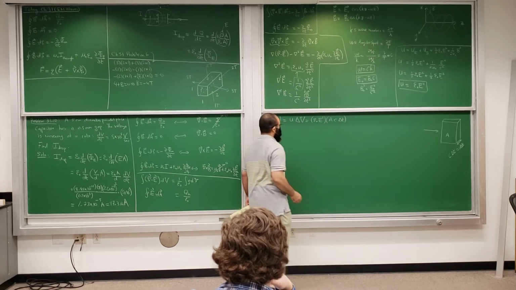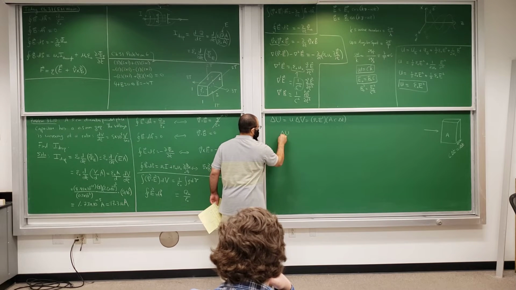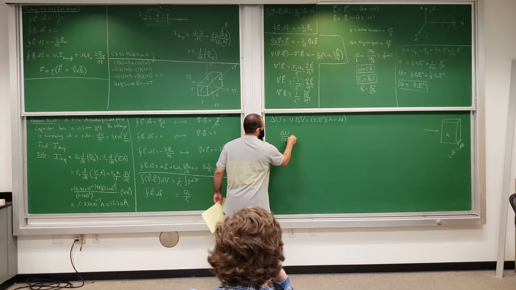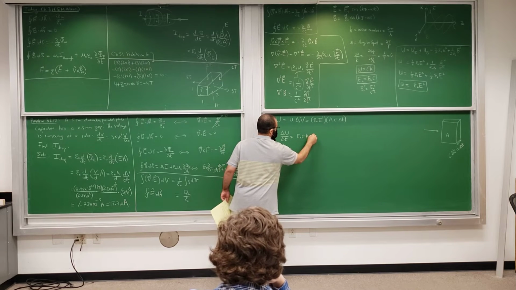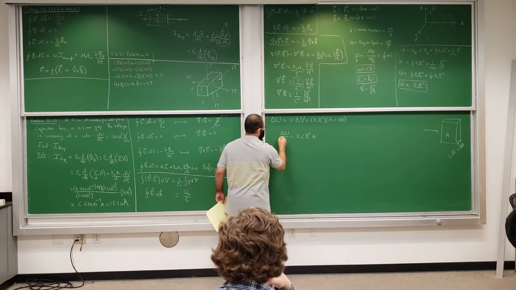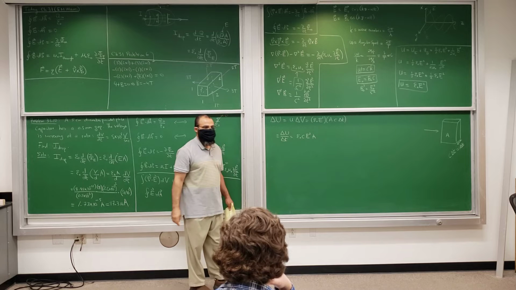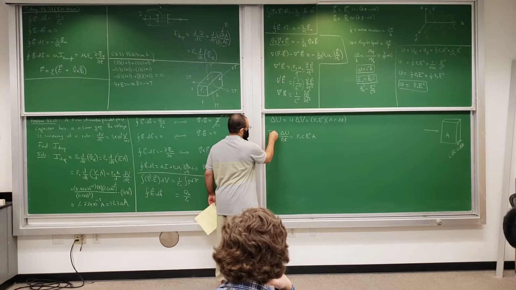Let me divide both sides by delta t. Delta U over delta t would be epsilon naught C times E squared times A. What is the energy per unit of time? Power, yes. Capital P for power.